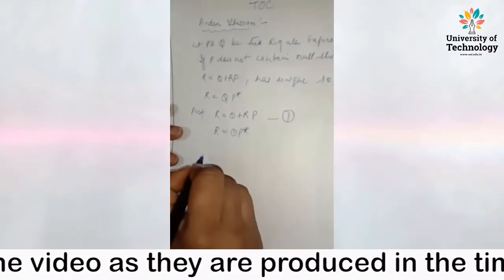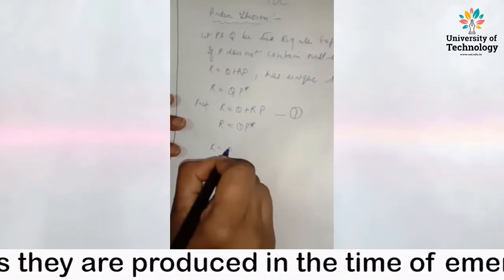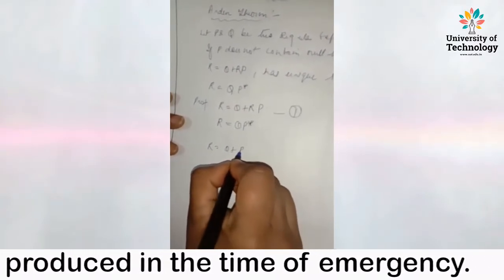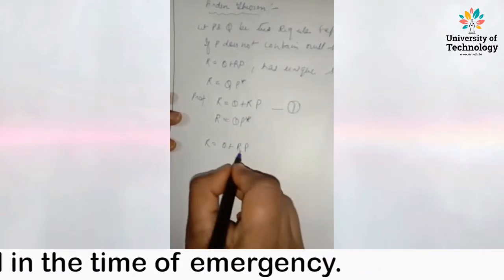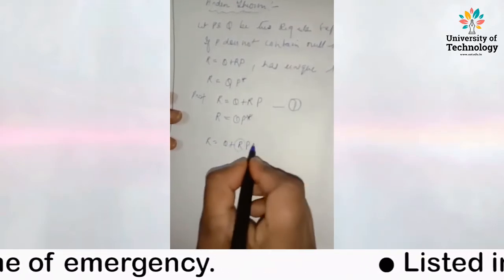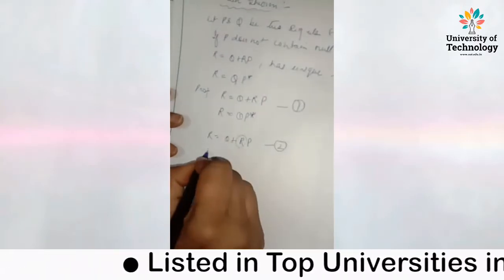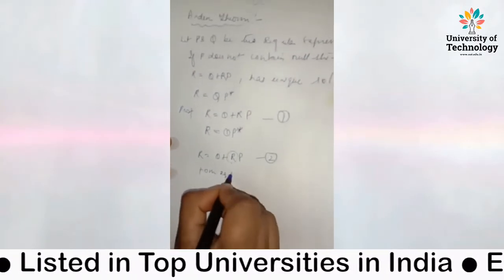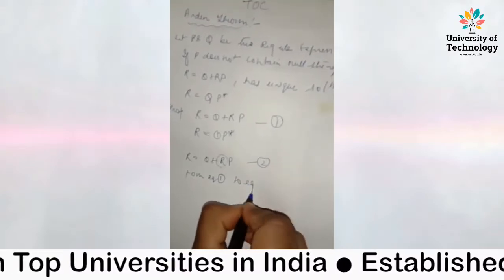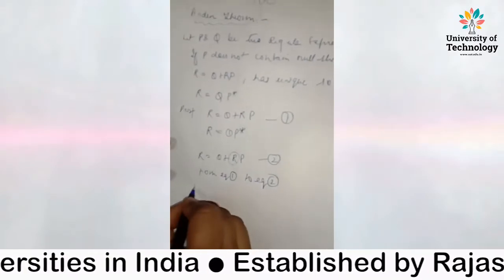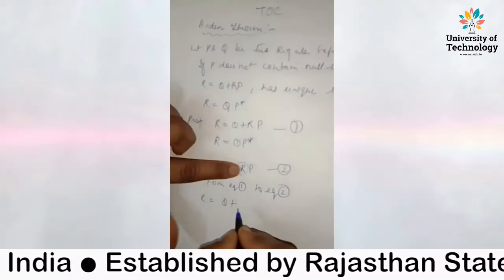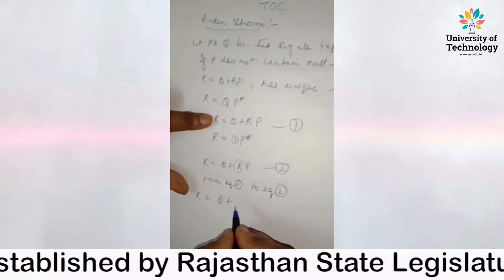Now see, R equals Q plus RP. Now we are going to substitute the value of R from equation number 1 into equation number 2. So R is equal to Q plus, now how can R be written according to equation number 1?